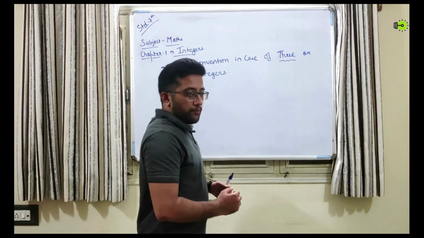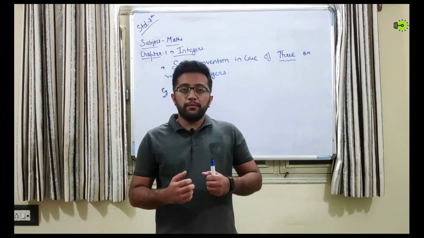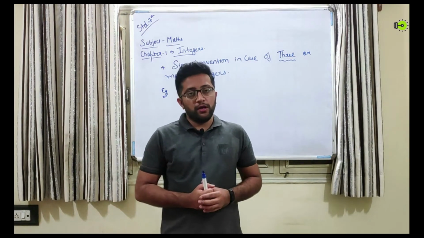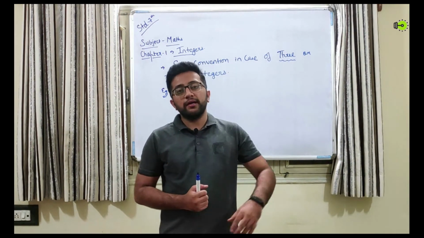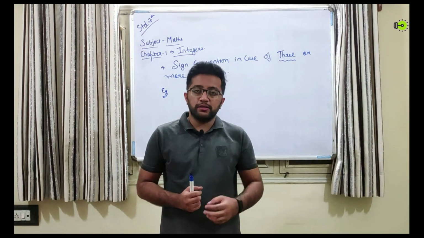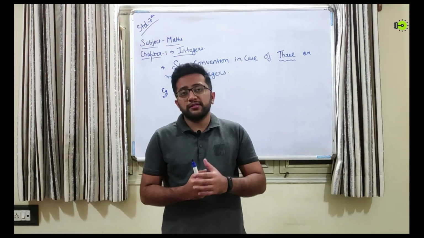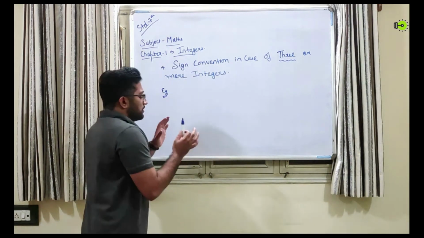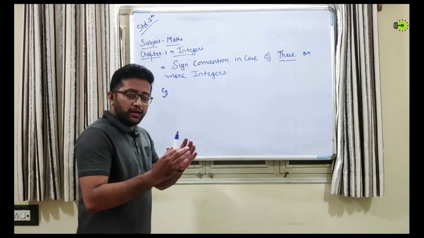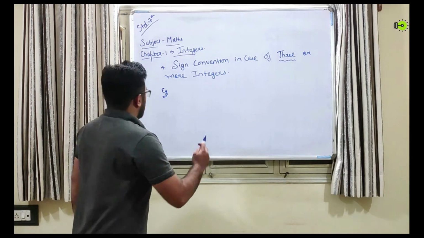Now we studied the sign convention in multiplication for two integers. What will be the rules regarding the sign convention in case of three integers? That is, what we will do if there are three integers in multiplication with different signs. There is a very easy rule regarding it.